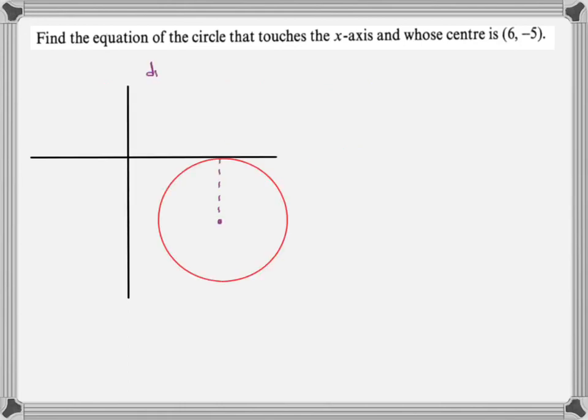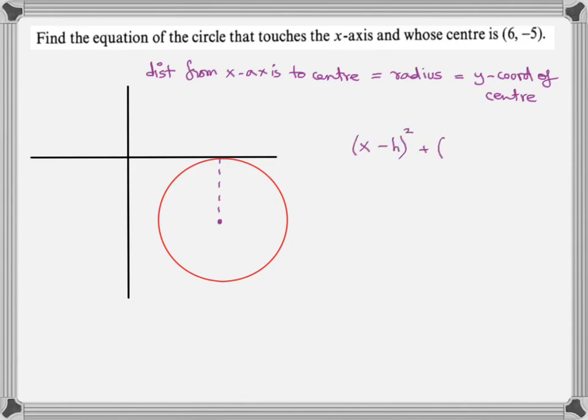If I draw this, the distance from x-axis to the center, isn't it the y-coordinate of the center? Yes. So therefore, (x minus h) squared plus (y minus k) squared equals r squared. Therefore, I plug in h and k, which is 6 and -5. Radius was the missing part. So radius is the y-coordinate of the center.